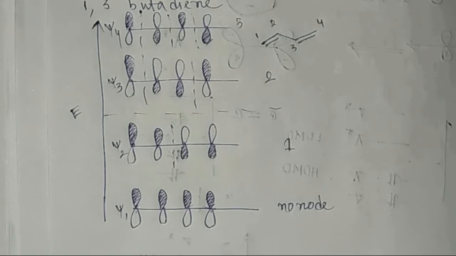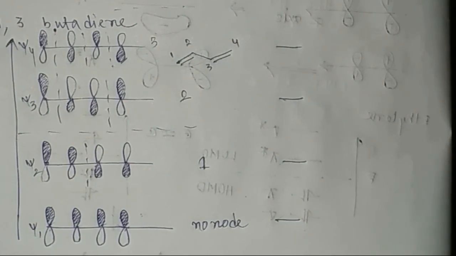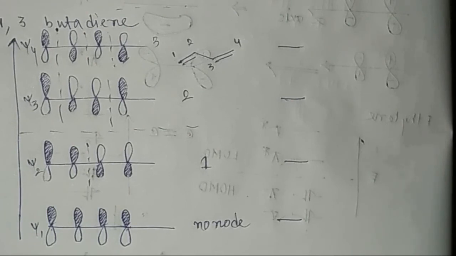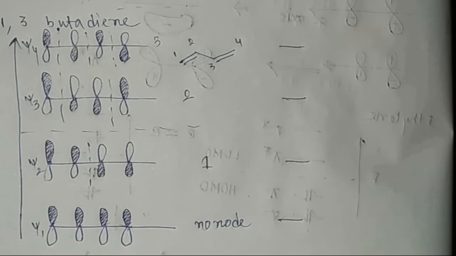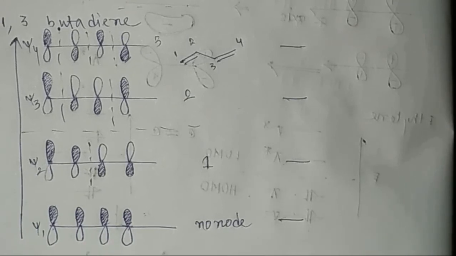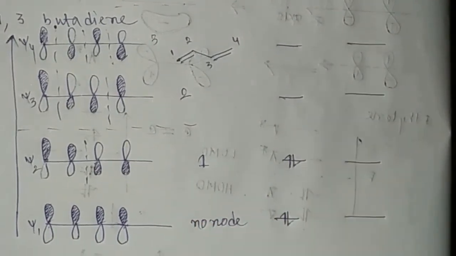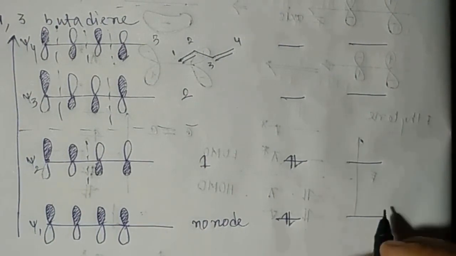So when we draw the molecular orbital diagram for 1,3-butadiene, as we are considering the pi molecular orbitals, and we know that 1,3-butadiene has 2 pi bonds with 2 electrons each, applying the Aufbau principle, Hund's rule and the Pauli principle, the electrons are filled in this way, and when they get excited it becomes like this.